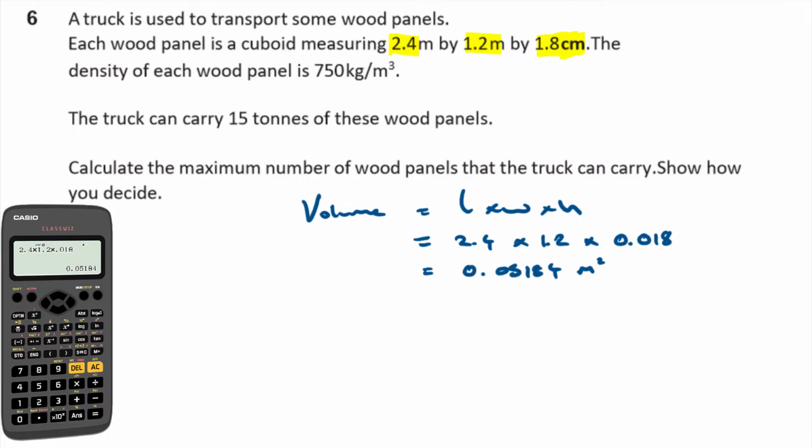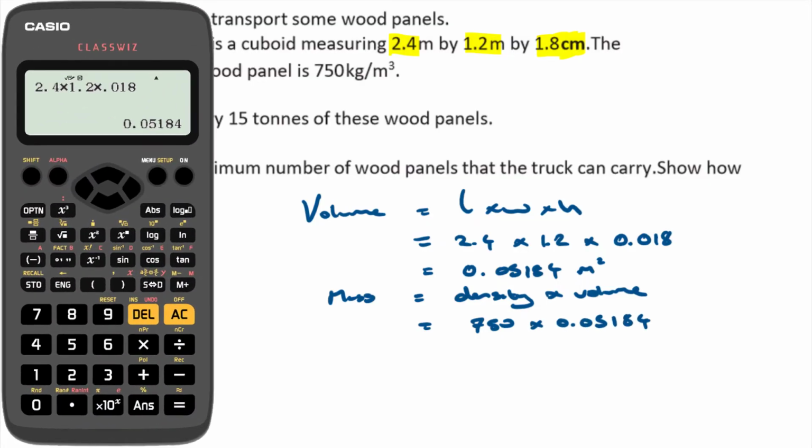So the mass: density equals mass over volume, so mass is density multiplied by volume, which is 750 kilograms per cubic meter times 0.05184 cubic meters. So 750 times our last answer comes out to be 38.88.